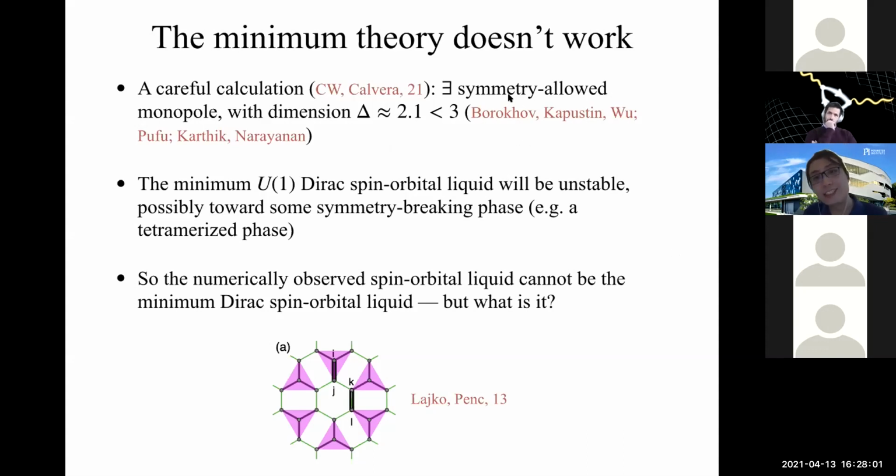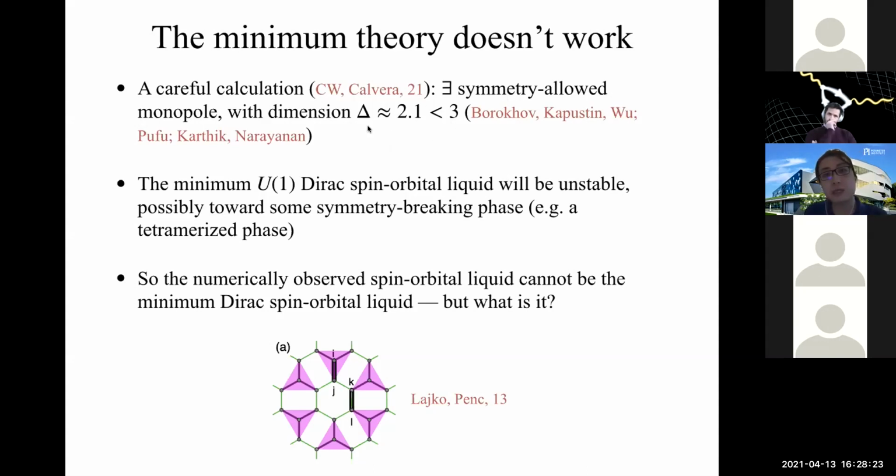What you find is that there is actually a monopole operator which is symmetry allowed. So there is one very specific monopole operator which transforms trivially under all microscopic symmetries. The SU4, lattice rotation, translation, reflection, time reversal, and so on.